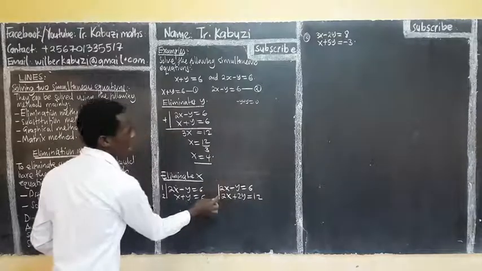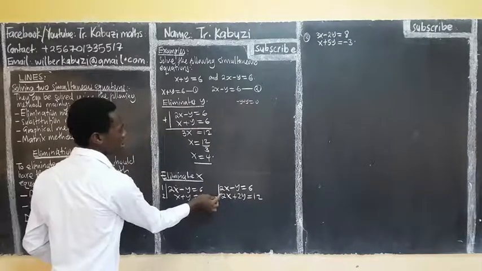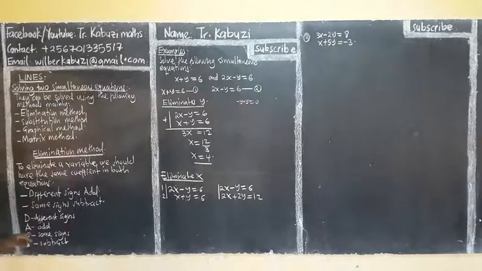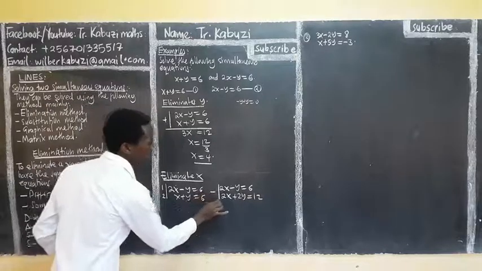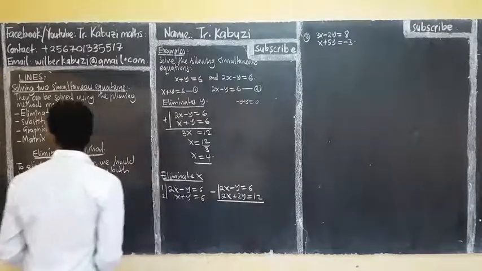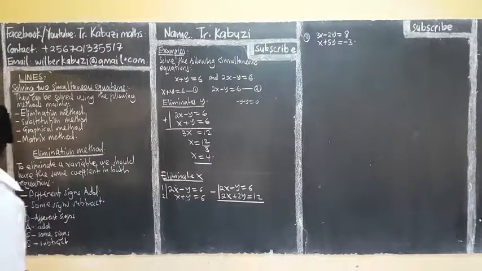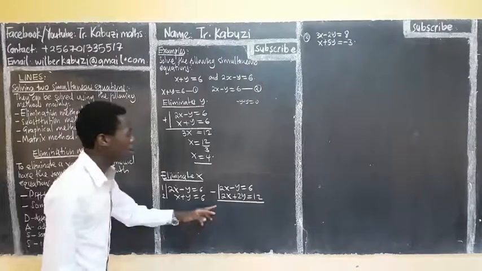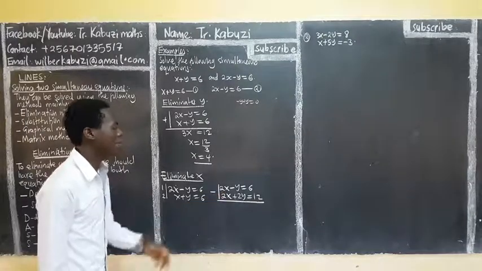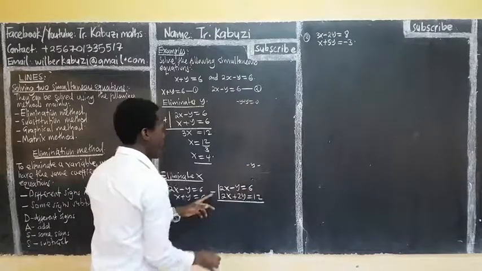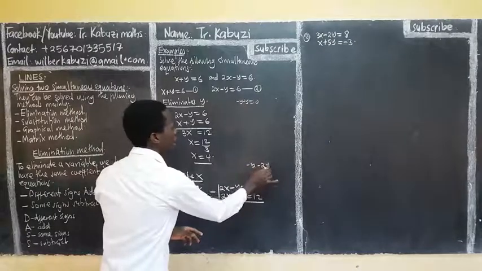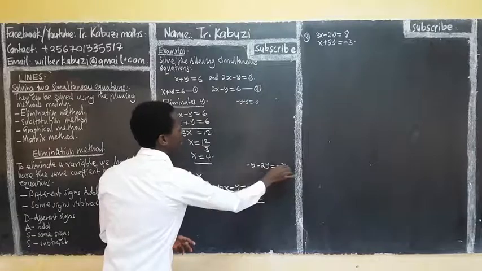Now, you see we have same signs. This is positive and this is positive. What happens? Same signs, subtract. So here, allow me to subtract like this. I'm going to have 2x minus 2x, which will be 0. Then negative y minus 2y will give me negative 3y.